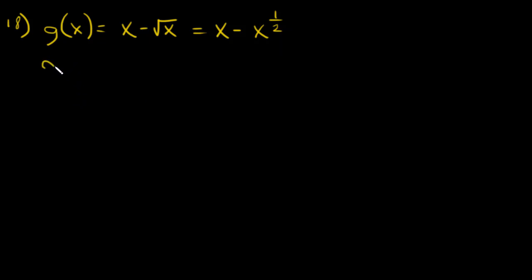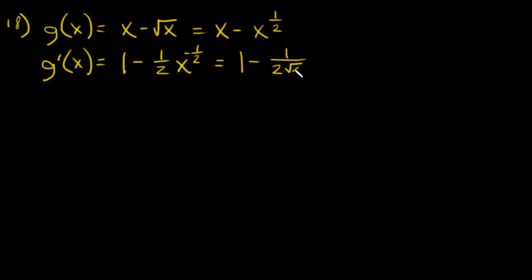When I take the derivative now, we'll get g prime of x is equal to the derivative of x, which is 1, minus the derivative of x to the 1/2, which is 1/2 times x to the negative 1/2 using the power rule. Okay? Now if I wanted to rewrite that to gain a little more insight into it, it would be 1 minus 1 over 2 root x, because that's what x to the negative 1/2 is. It's the root x in the bottom.